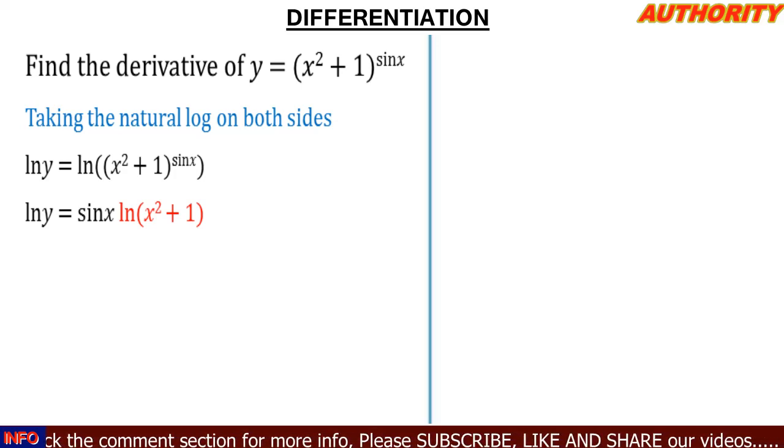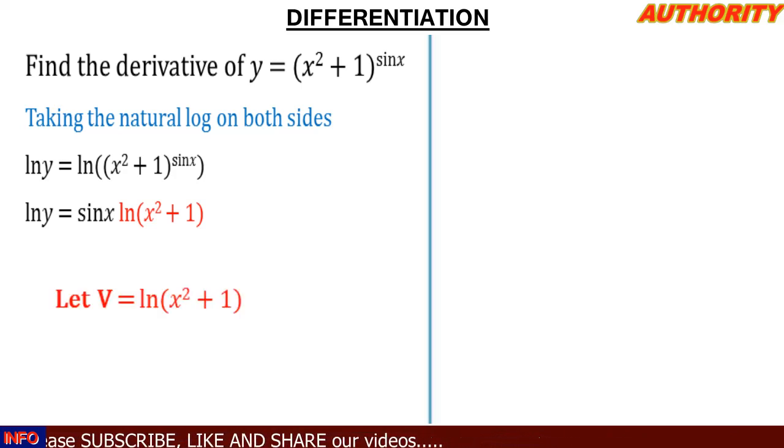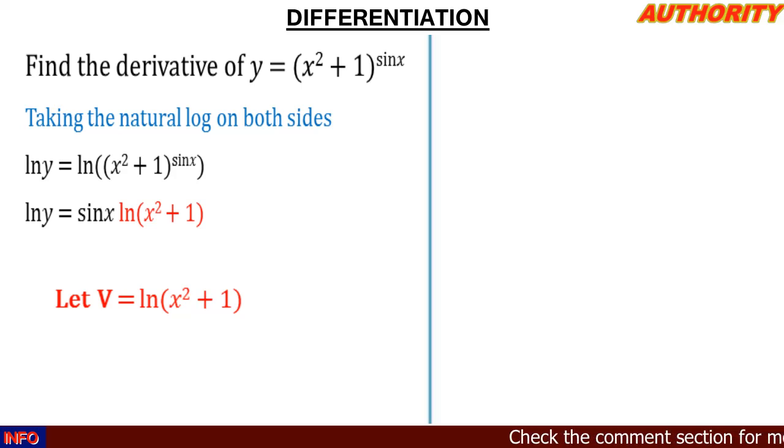Now let's find the derivative of ln (x squared plus 1). Let v equal to ln (x squared plus 1). We want to find dv dx of this.